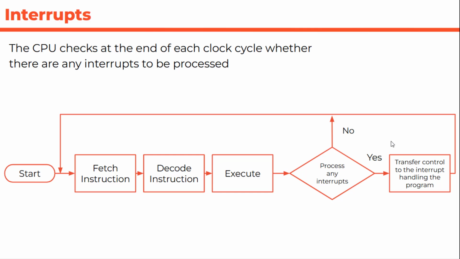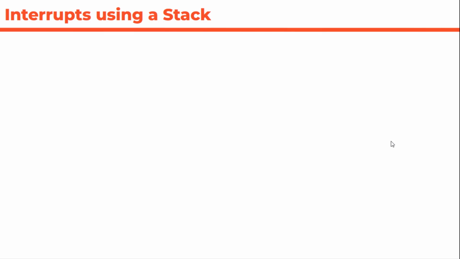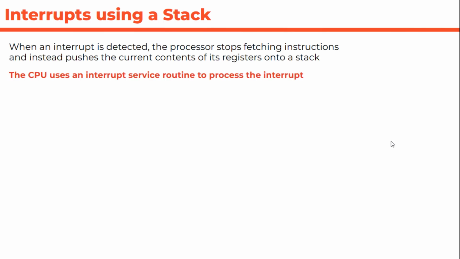We'll process something that's come in and needs processing, and then we will go back to what we were doing before. So we have a data structure to handle that process. And that data structure is a stack. So interrupts use a stack in order to take off the current process and basically press pause.